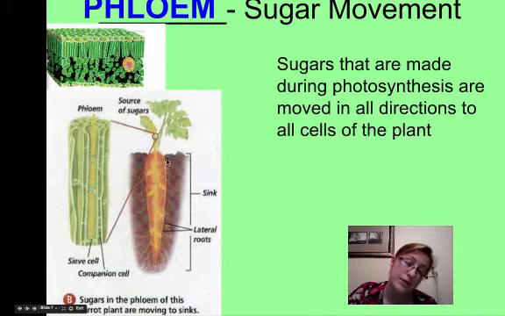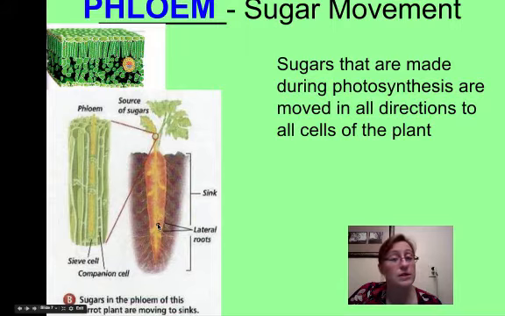But in this carrot, for example, which is mostly underground, these cells of the plant are not green, which means they do not contain chlorophyll, which means that's not where photosynthesis is happening, and therefore they are not creating their own sugar. So here is where the sugars are going to be made from photosynthesis.